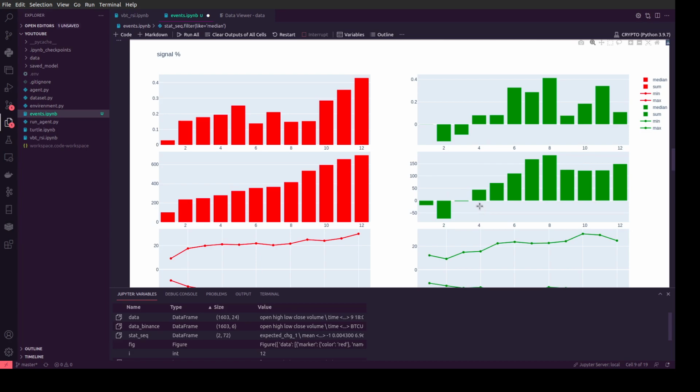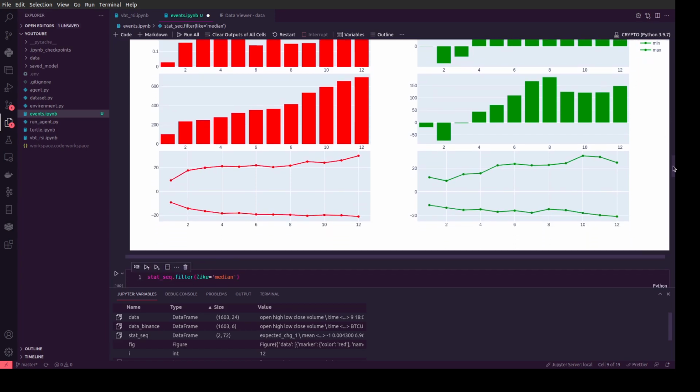And you see, for example, with these events the biggest profit for long is if we hold the position 8 bars, and the biggest risk exists here.